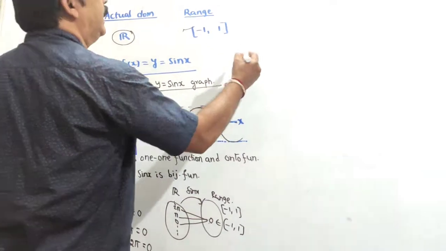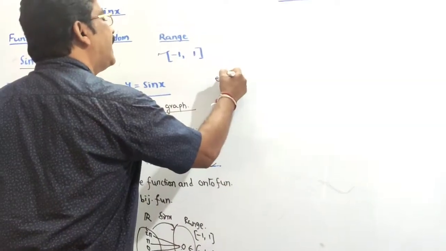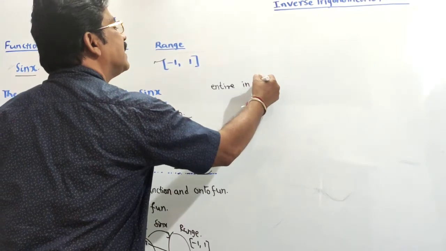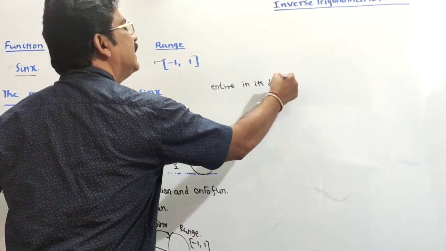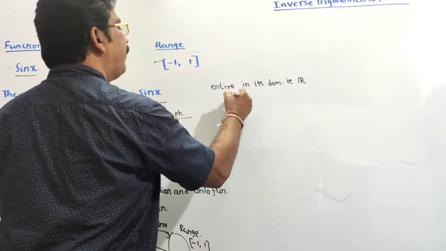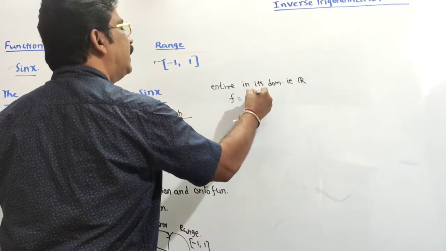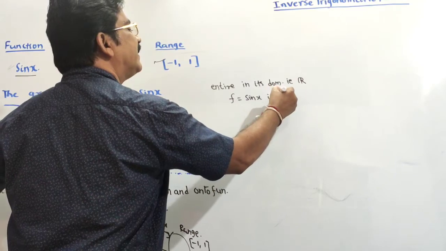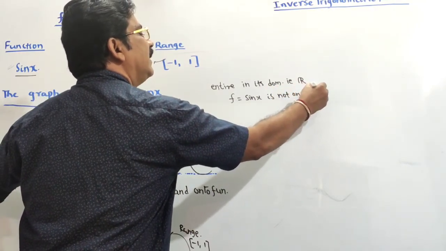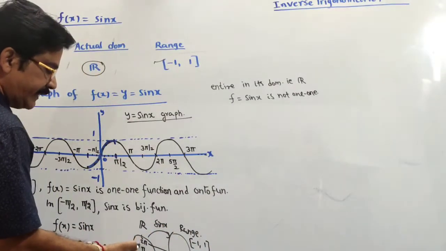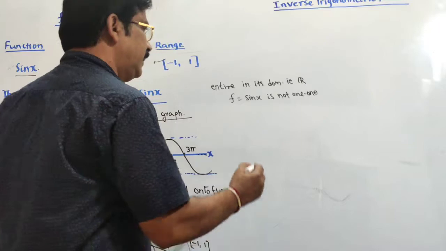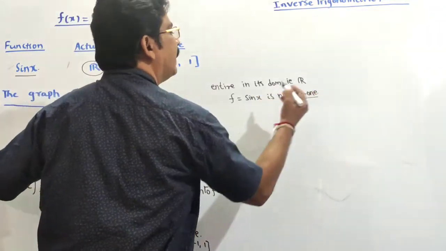So therefore, in its entire domain, that is the real number set, f of x is equal to sin x is not a one-one function, because different elements are mapped to only one element. So it is not a one-one function.